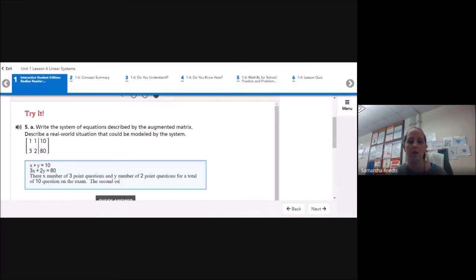The second equation would represent the number of 3-point questions plus the number of 2-point questions for a total of 80 points.